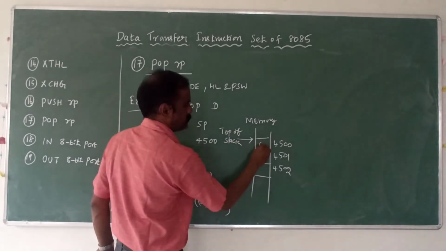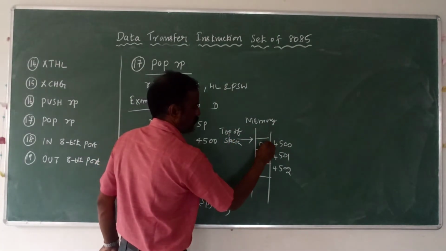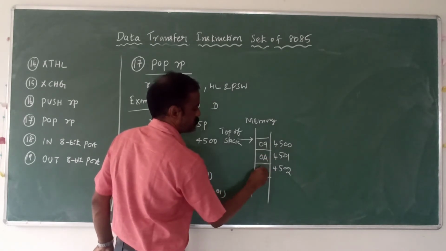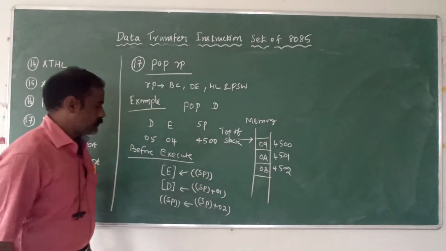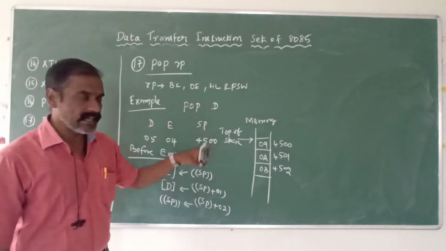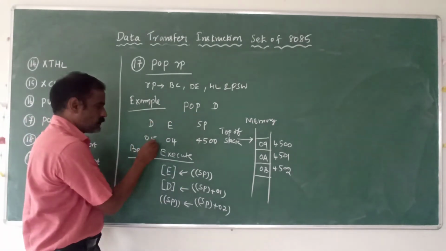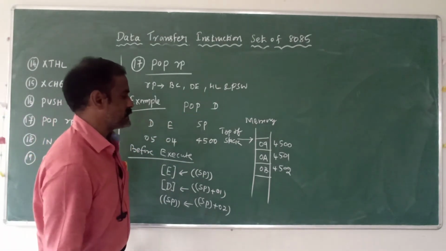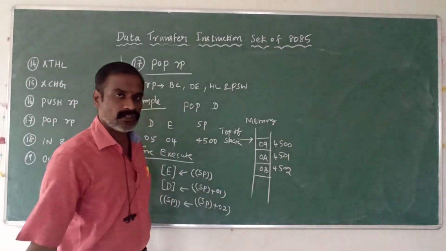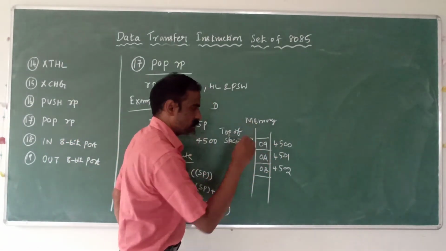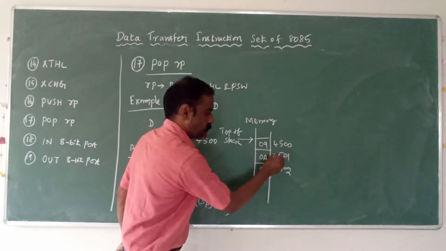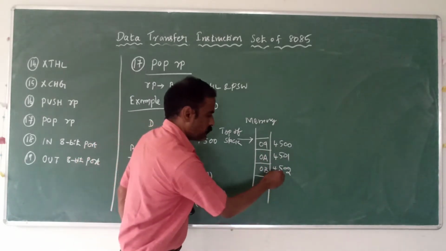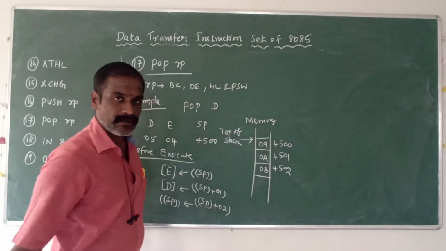Now data 09, this is for 0A and this is for 0B. Before executing pop D, the D register is 05, the E register is 04, the stack pointer address is 4500, the 4500 address data is 09, the 4501 address data is 08, and 4502 data is 0B.